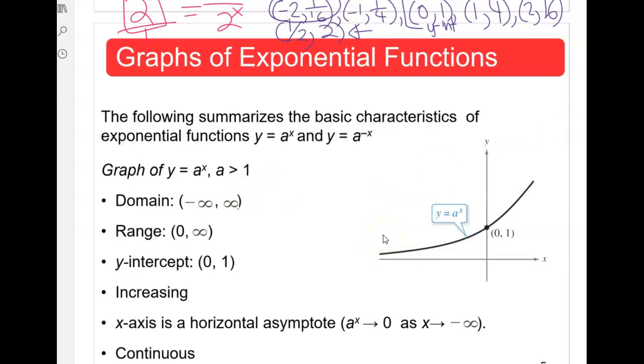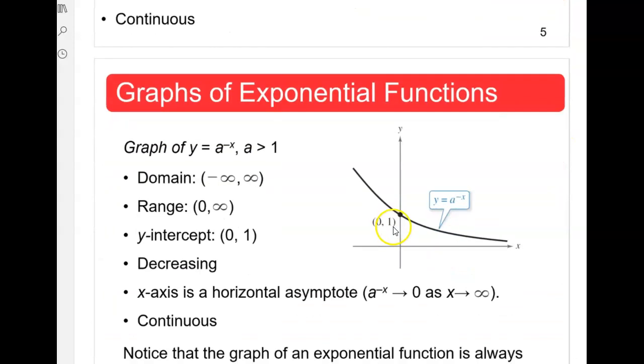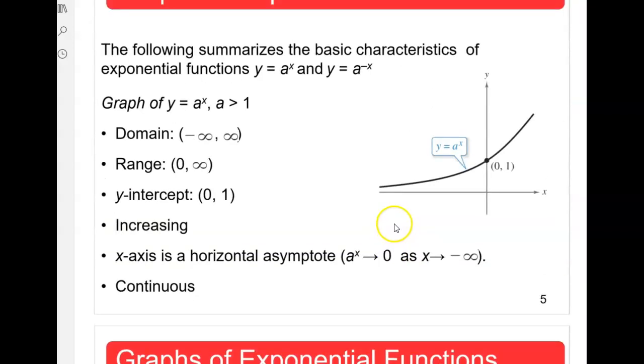Now, it's probably worth mentioning that if we remember our arrow notation, we have here that the x-axis is the horizontal asymptote. As x gets smaller, as you can see here, the graph starts leveling.